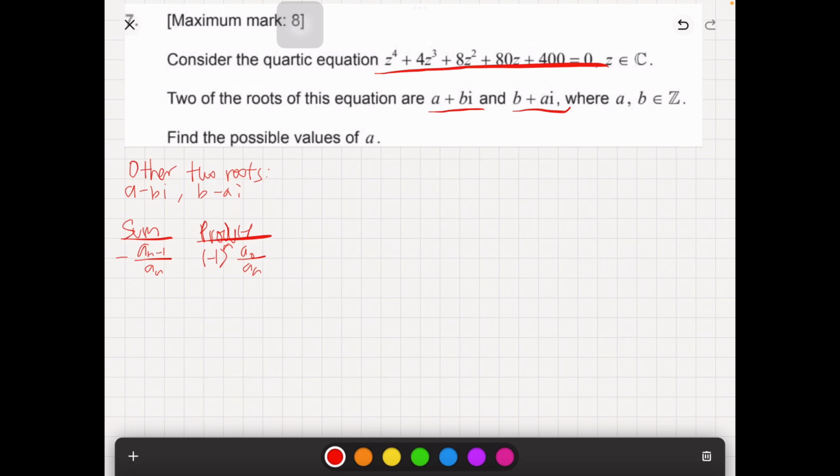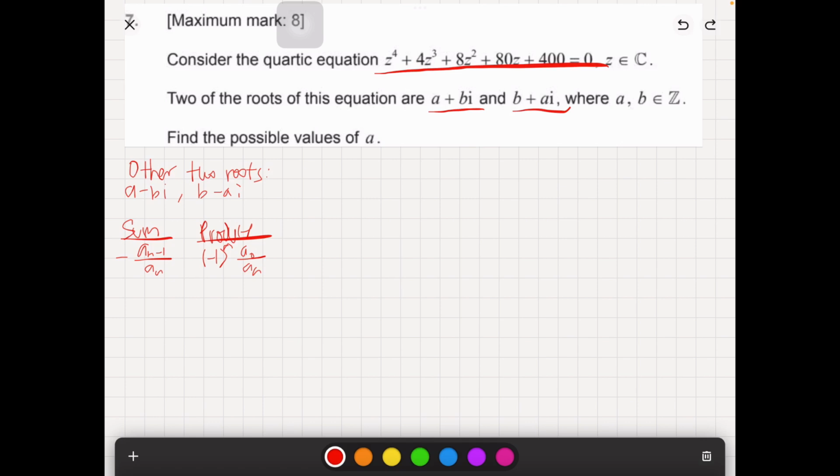Just remember that a0, a1, a2, a3, a4, and so on, refer to the coefficient in front of whichever term to the power of n. For instance, a_n in this situation is a4, because that's the degree of the polynomial right here.